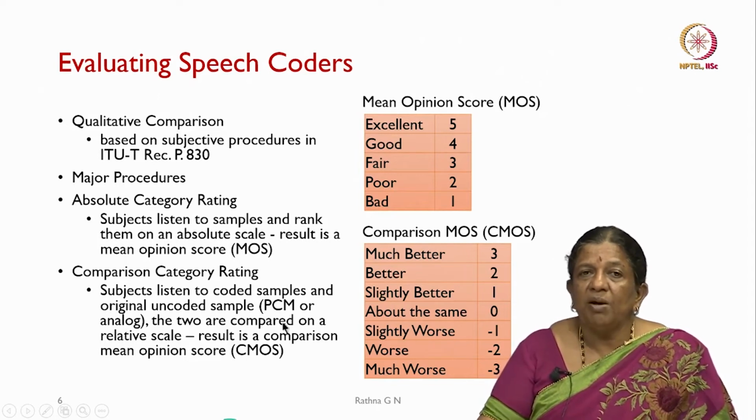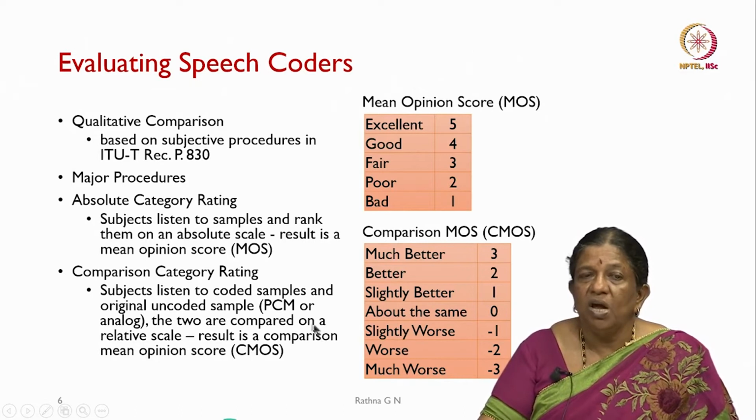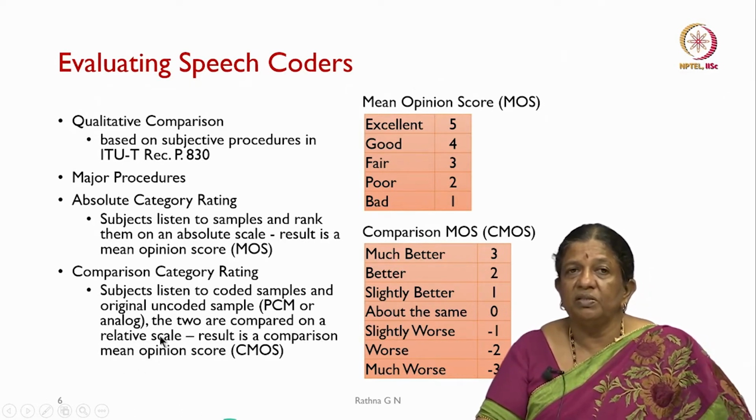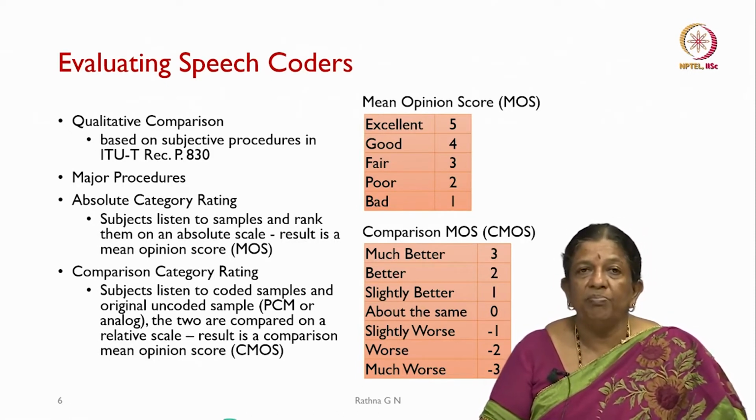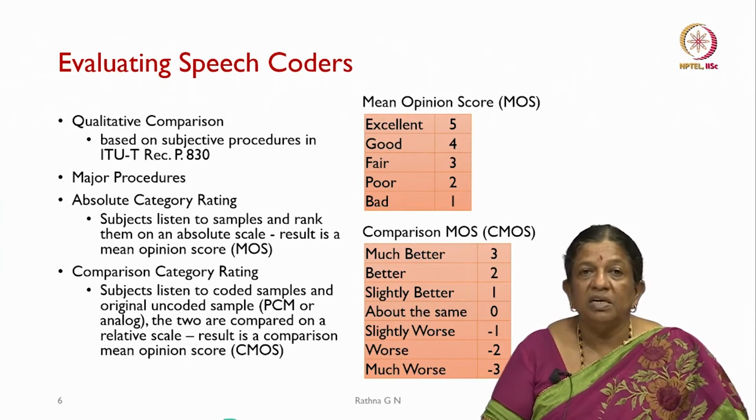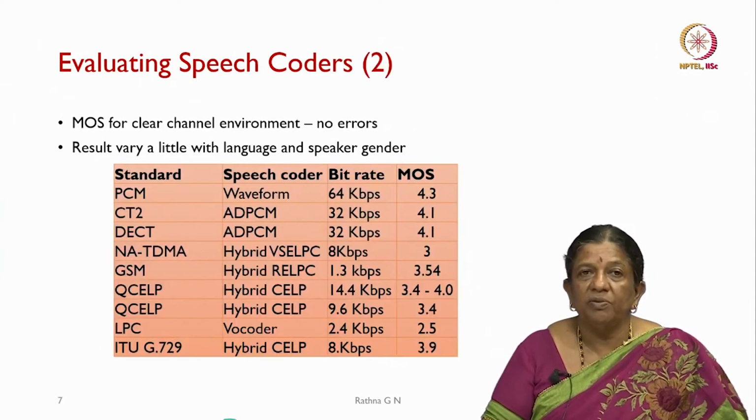The two are compared on a relative scale. The result is a comparison mean opinion score, based on what the subjects give. So, these are the procedures one follows in evaluating speech coders.